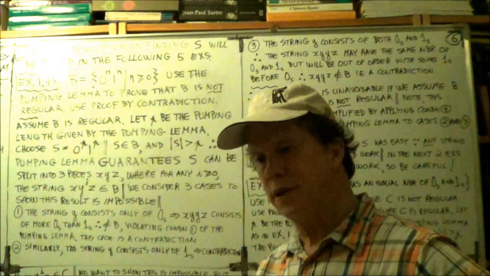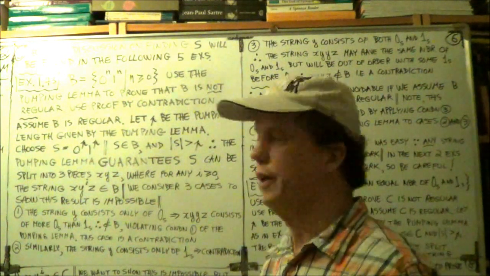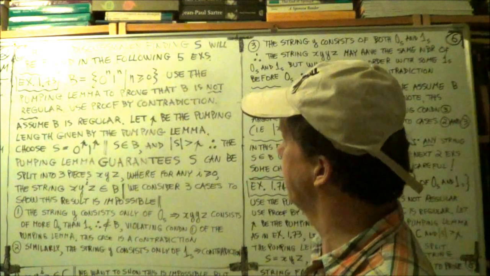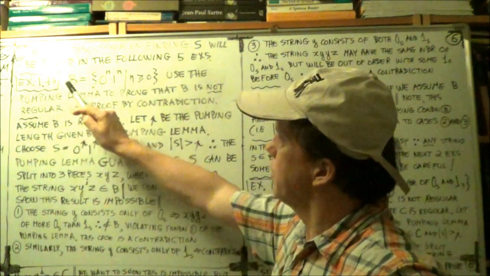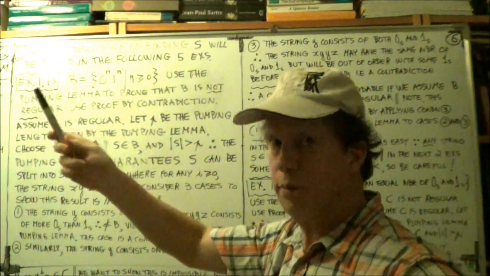Therefore, B is not regular, or it's a non-regular language. All right. So we start with the assumption that B is regular. That's the opposite of what we're trying to prove, but we start with that.